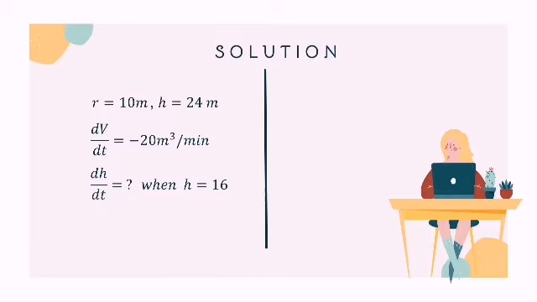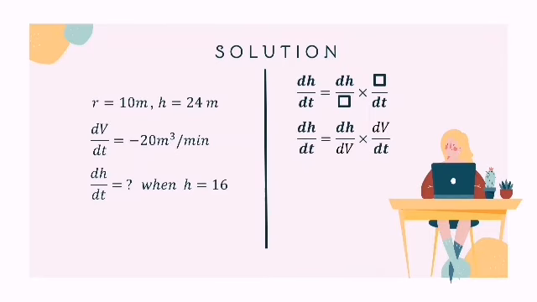In order to find dh over dt, we have to separate dh over dt into two parts. We are going to substitute the blank space with the information given, which is dV over dt, but we are only going to use dV.